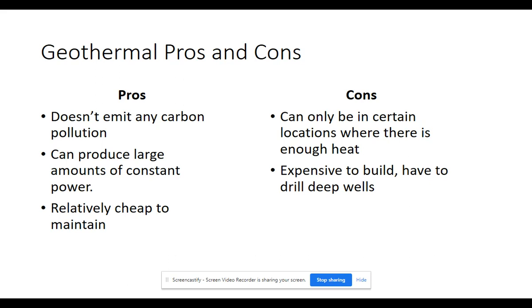It's also relatively cheap to maintain. You're not having to get trains and trains and trains of coal delivered to you. You're not having to frack for more natural gas. You're not having to mine for more nuclear and enrich more nuclear energy and then try to get rid of it. Once you have this geothermal plant in place, you've made the drilling and done all that.